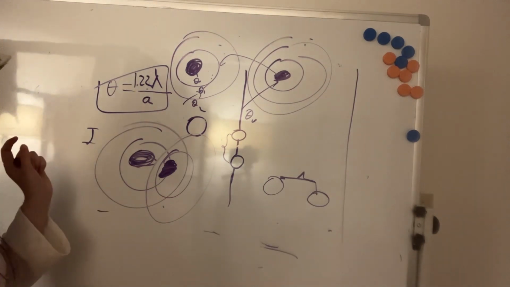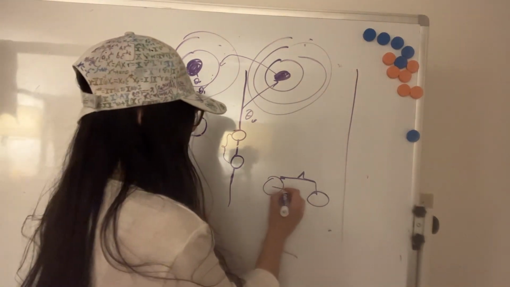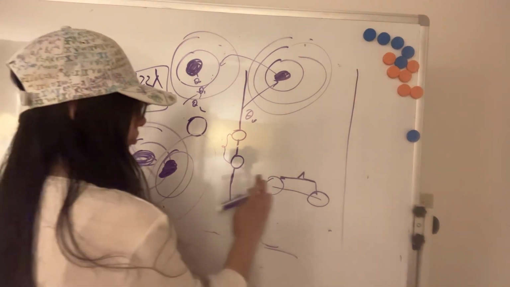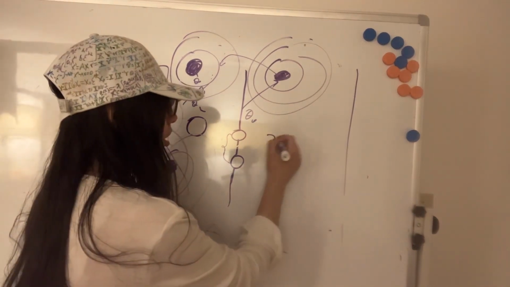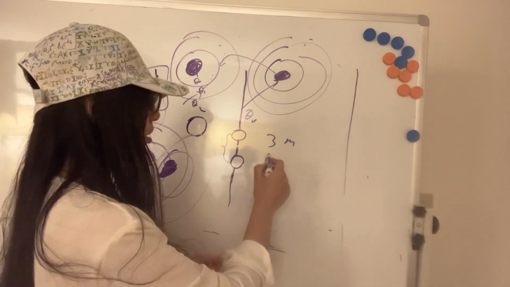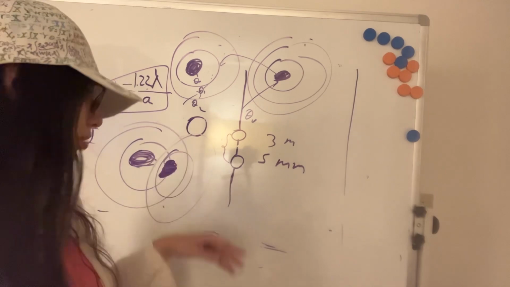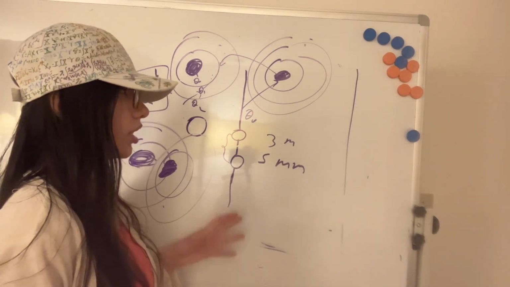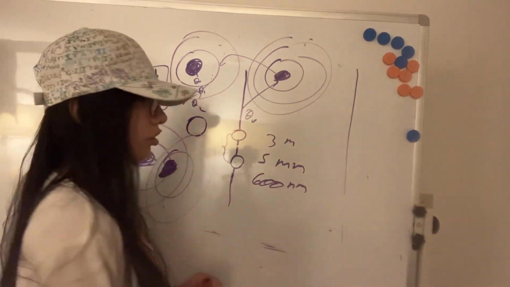Now if we want to know not the angular distance but this distance, as an example, let's suppose that we have a car. The headlights are 3 meters apart. The human pupil is 5 millimeters. Actually, it could be less, but let's do it with that. And we are shining yellow light that has 600 nanometers of wavelength.